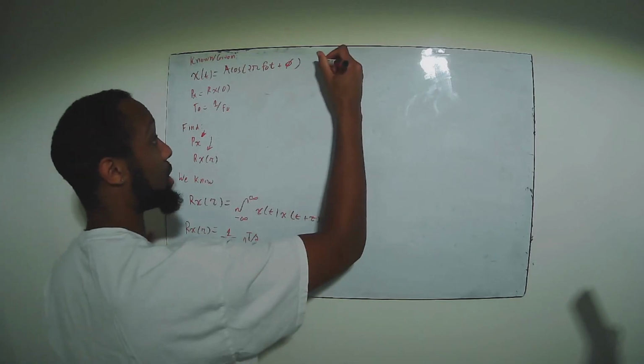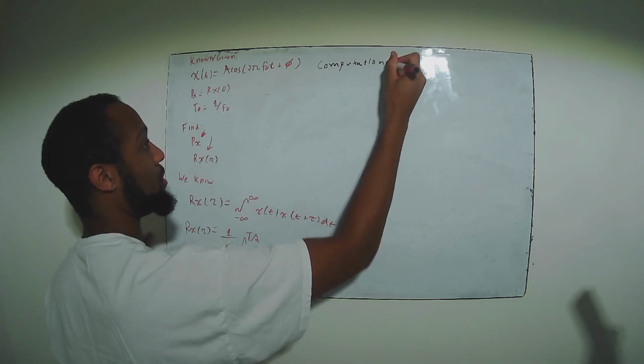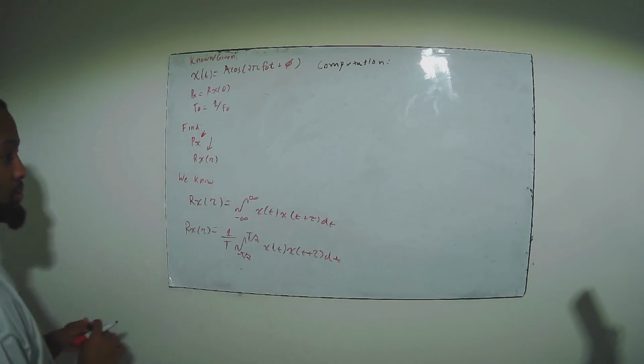So now we're going to get into the computation section. I'll try to organize the board a little better now, and my future videos will be like this, so it makes it a little more clear.